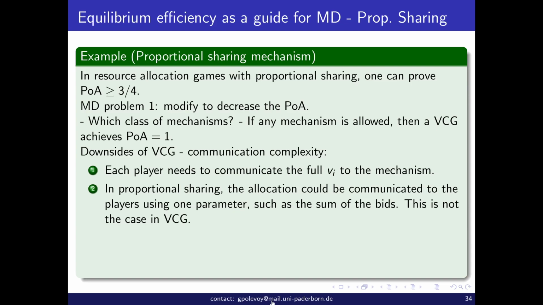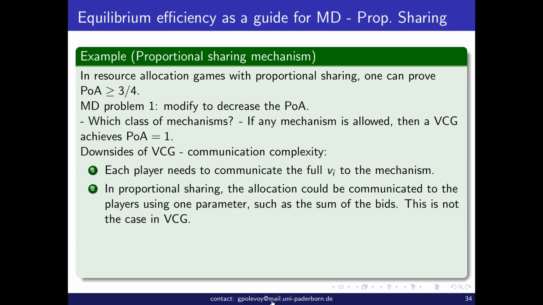If any mechanism is allowed, then the famous VCG mechanism, pretty much the generalization of the second price auction, then everyone bids what her value is. The player who has bid the largest bid receives the object, and pays the second largest bid. It can be generalized and so on and so forth.